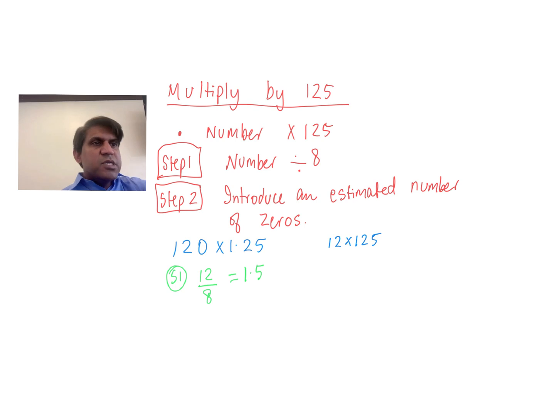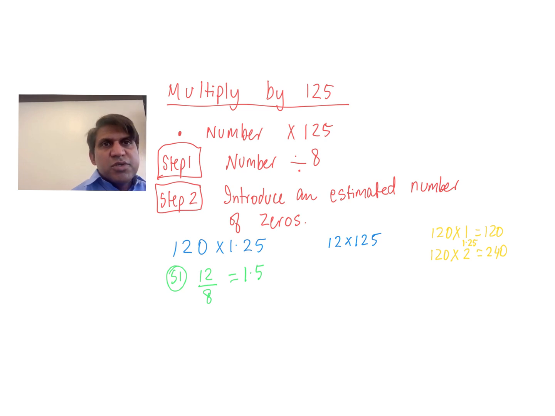Because if I were to multiply 120 times 1, I get 120. If I were to do 120 times 2, I get 240. Right? So 1.25 is somewhere in between. So my answer will be between 120 and 240. That's what that is saying.